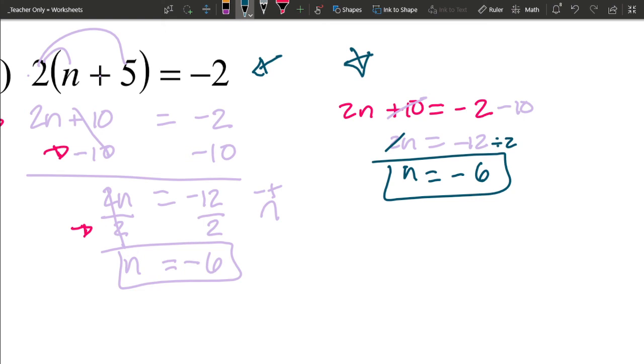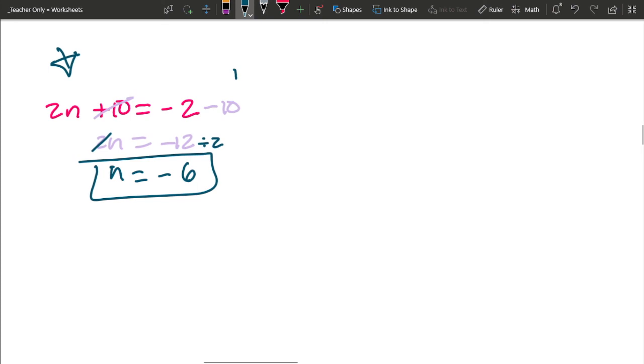Now, I personally don't do this little thing on the side. So the way I do this is just straight up doing it in my head. So for example, I gotta subtract 10. So -2 minus 10 equals -12.